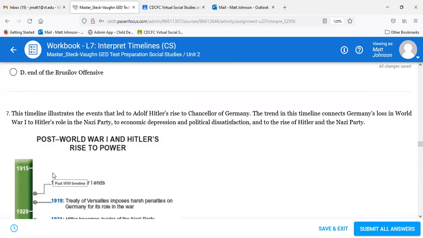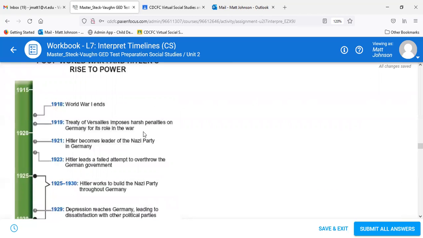They had to pay a bunch of money. They were humiliated by the Treaty of Versailles, getting blamed for it. The rest of the world really came down hard on Germany, in particular, for that war. So what we see over time is this is a big event that helps the rise of Hitler.